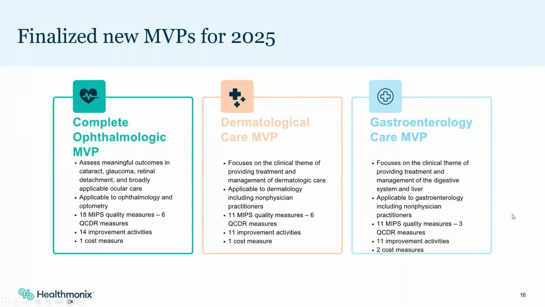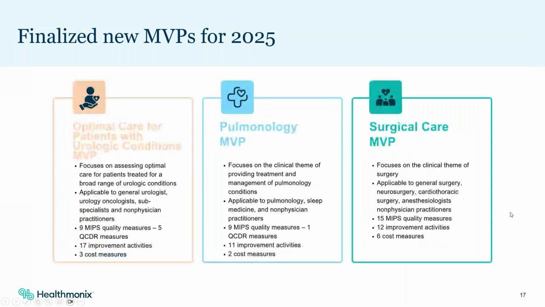The other specialties that you see here are going to be urology, pulmonology, and surgical care. Of these six categories and MVPs, to be honest with you, I believe the first five have been very underserved when it comes to measures from CMS.